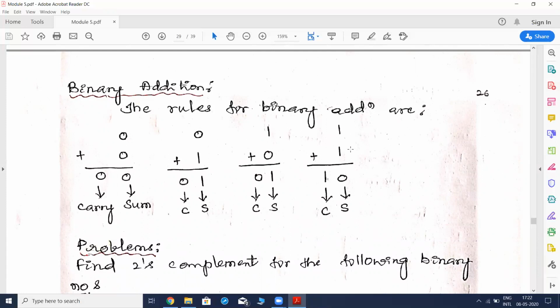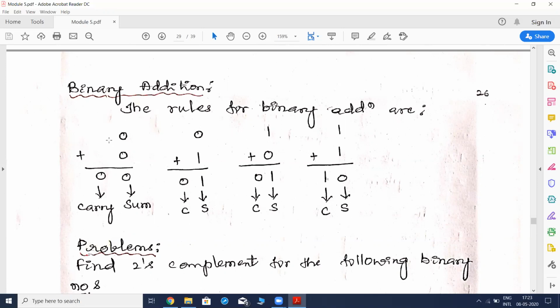Thereby, when you add two bits that are both 1, you get the sum as 0 and carry as 1. Hope you have understood the binary addition rules. The very important thing is that when you are given 2 bits of binary, you must know how to perform the addition.